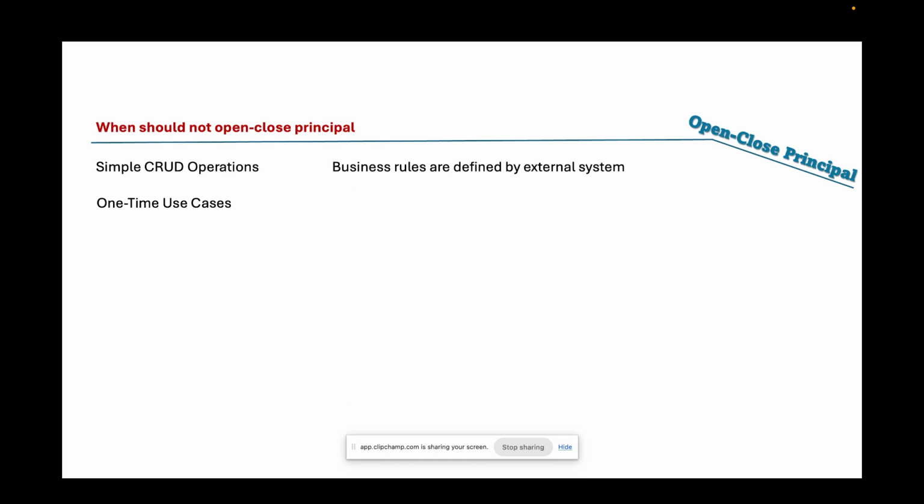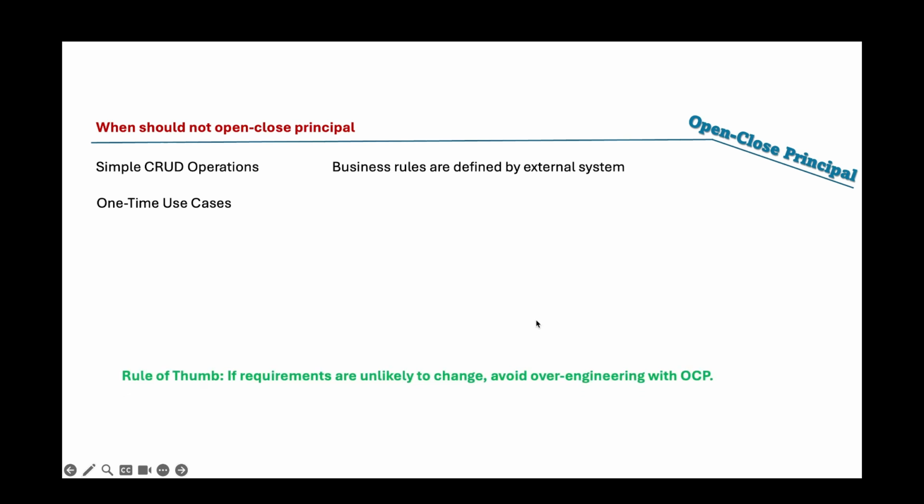When you are working on business rules which are defined by an external system, the open close principle is not suitable in that scenario as well. But how will we identify that the open close principle is not a suitable choice? There is one rule of thumb: if requirements are unlikely to change, avoid over engineering with OCP.